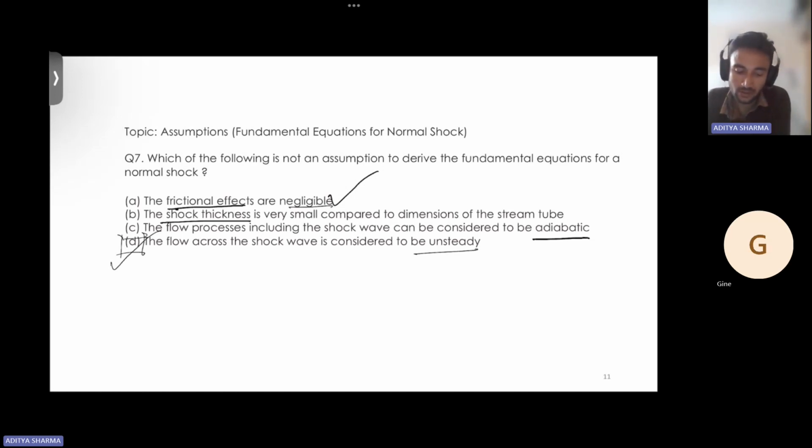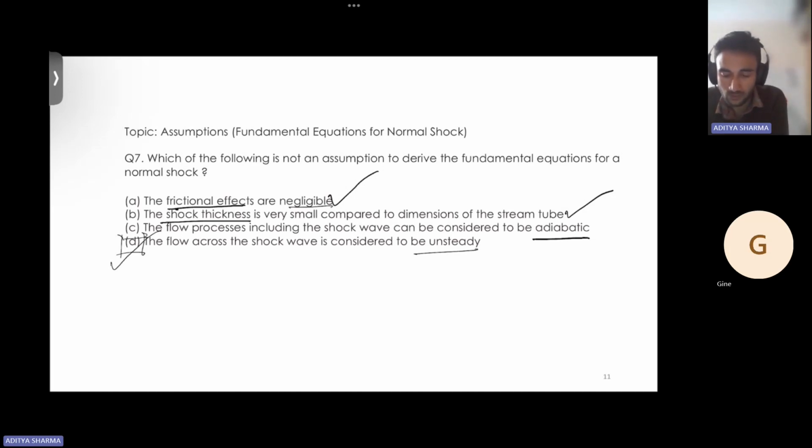All right, then the shock thickness. We also consider that the thickness of the shock is very small in comparison to the stream tube we are supposing in this analysis.